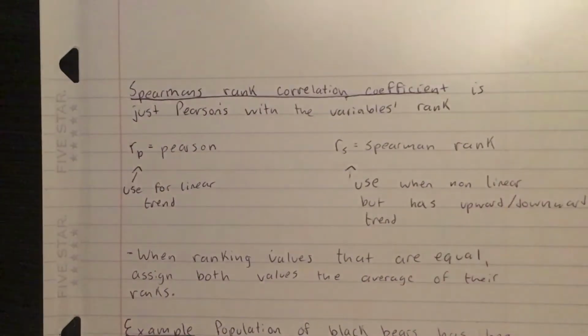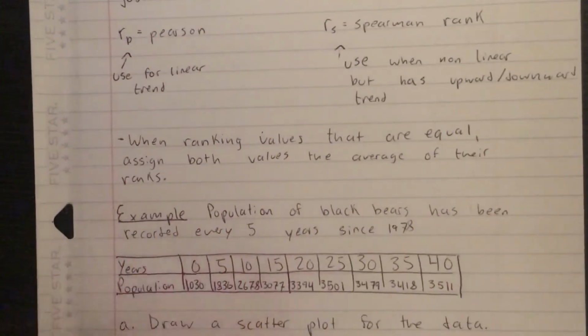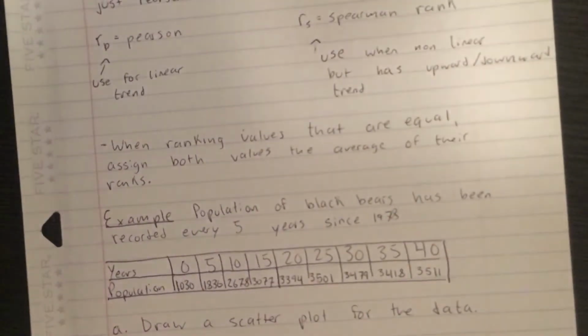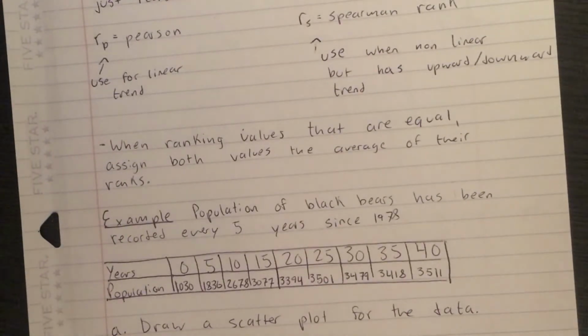And if we have values that are tied, you've got to make sure to split that ranking between those two numbers. So if they were both tied for the 5th and the 6th spot, I'm just going to rank both of those 5.5, because we have to split the difference there.